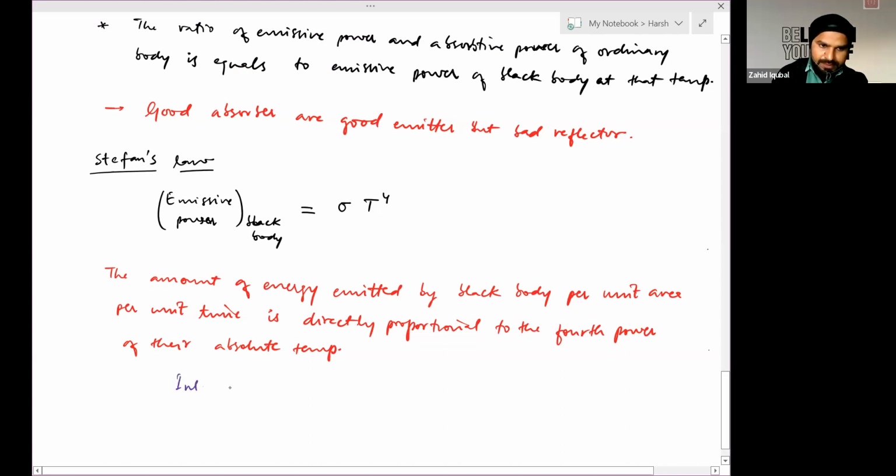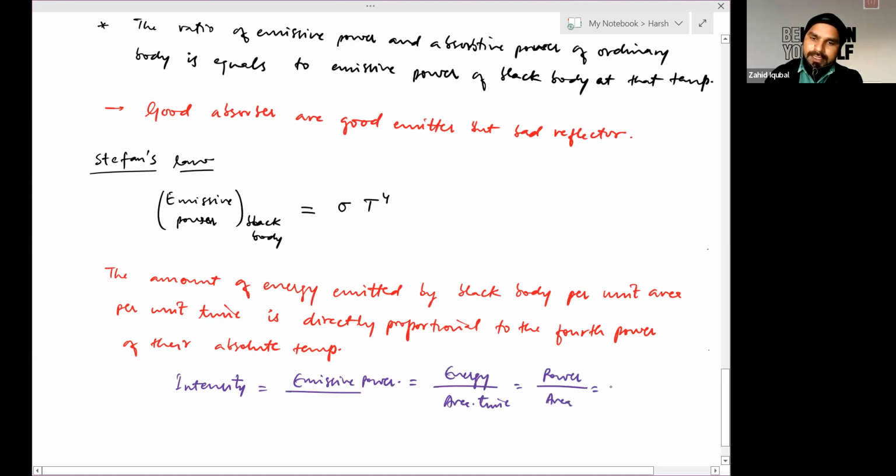So we may write intensity equals emissive power, which is also energy per unit area per unit time, which equals power per unit area, equals sigma T to the power 4, where sigma is called Stefan's constant, and it equals 5.67 times 10 to the power minus 8 watt per meter square Kelvin to the power 4.